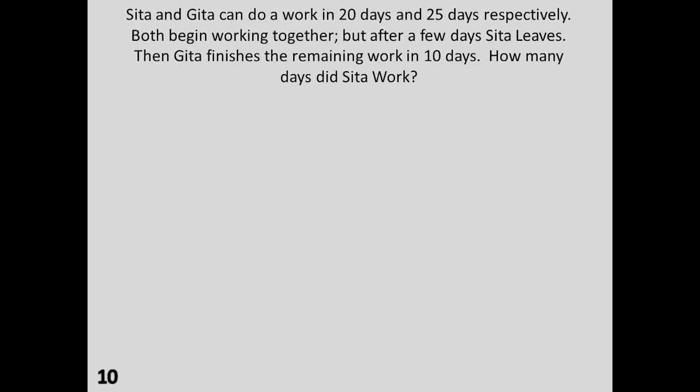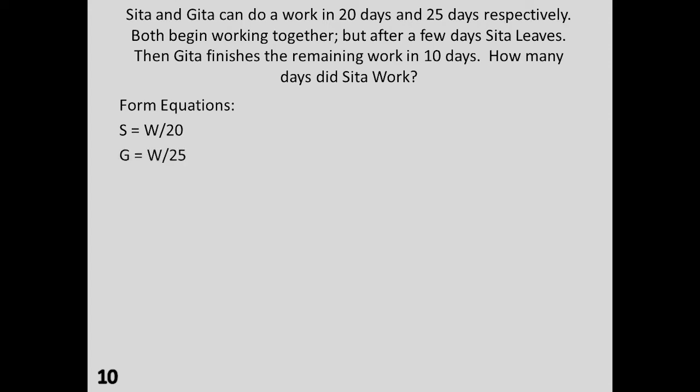Question 10. Sita and Geeta can do a work in 20 days and 25 days respectively. Both begin working together, but after a few days, Sita leaves. Then Geeta finishes the remaining work in 10 days. How many days did Sita work? We can form equations: Sita can complete the work in 20 days and Geeta can complete the work in 25 days.